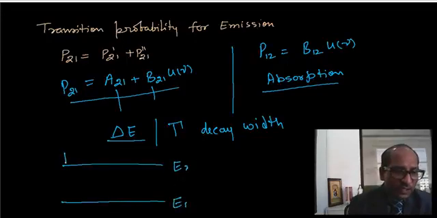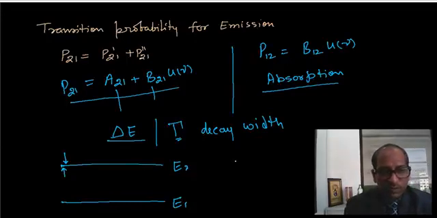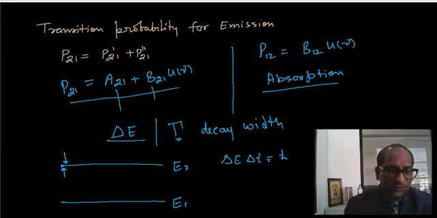Delta E is the thickness of the energy level, denoted by gamma. From the uncertainty principle, delta E times delta T is approximately h cross, so delta E is the thickness of the energy level.